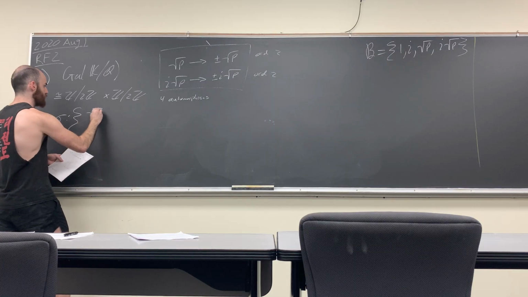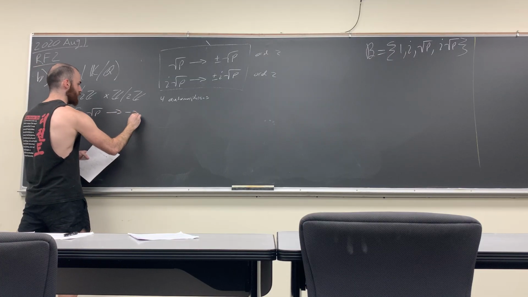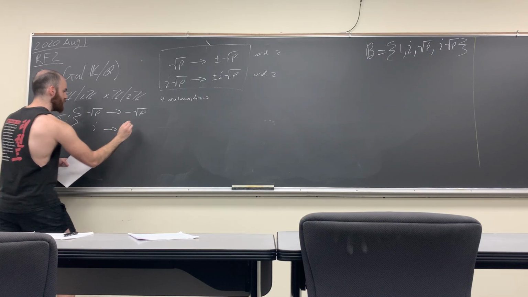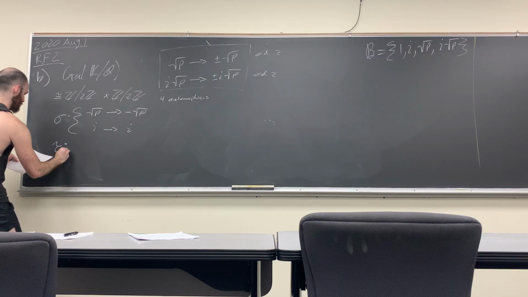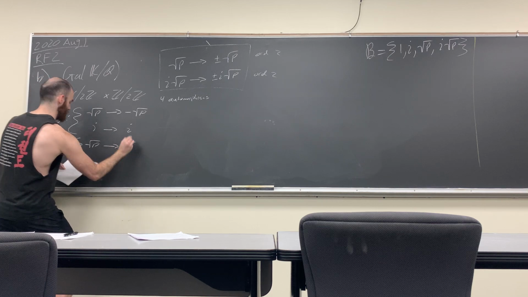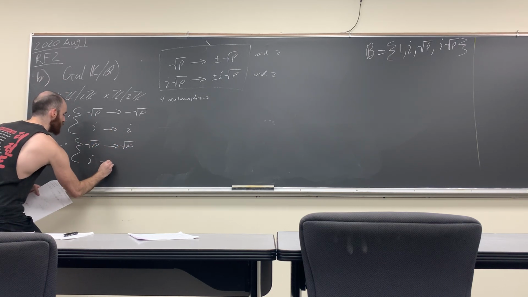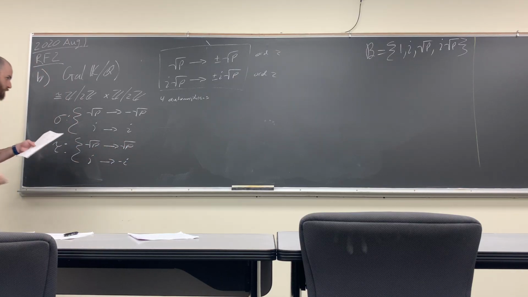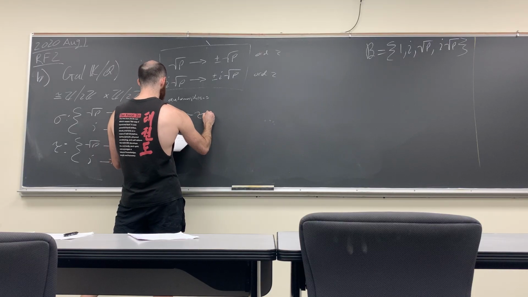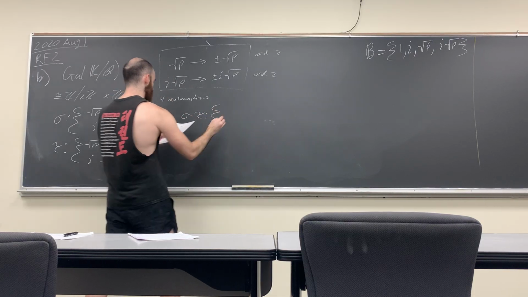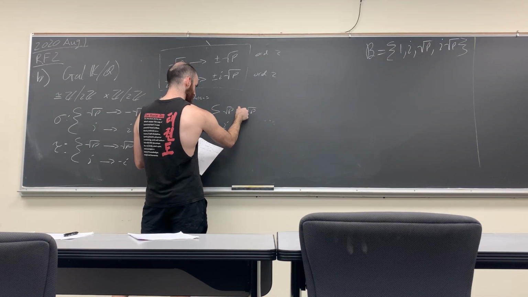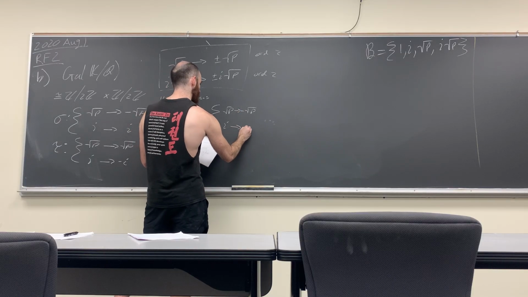We're just going to send root p to negative root p, and i to i, and then we're going to have tau, which fixes root p and sends i to negative i, with the relationship that sigma tau sends root p to negative root p, and i to negative i.